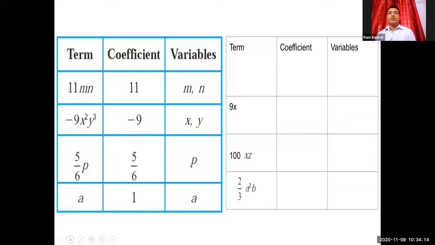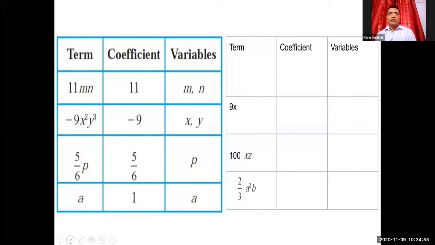In the first row, the term is 11mn. In 11mn, coefficient is 11 and m and n are variables. In the second row, minus 9x square y cube. In this, you will notice coefficient is minus 9 and x, y are variables.